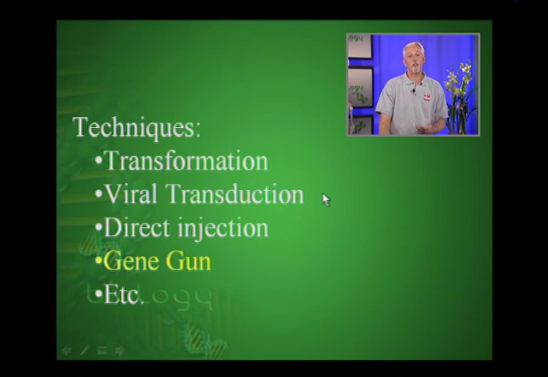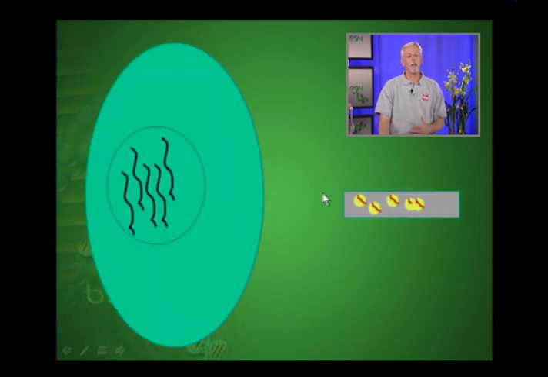Still another example, and this works pretty well with plants, is what we call a gene gun. Basically what we'll do here is take tiny particles of beads, usually gold, some kind of a metal, occasionally I think glass is used, but they're put into a little gun, basically a pneumatic gun that will use air pressure to fire these pellets.